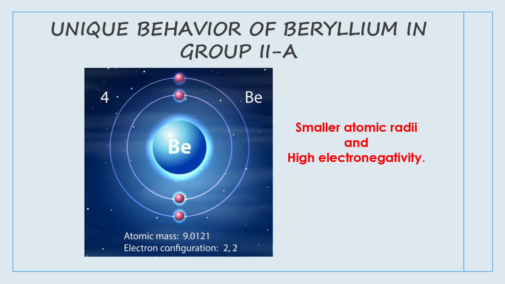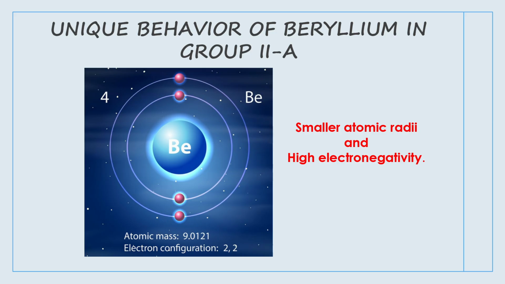It means the atoms will be closer to each other, eventually making beryllium hard and rigid. Since it has the smallest atomic radius, we can easily say that the ability to attract the shared pair of electrons towards itself in beryllium will be the highest. It means it will form bonds by the sharing of electrons.